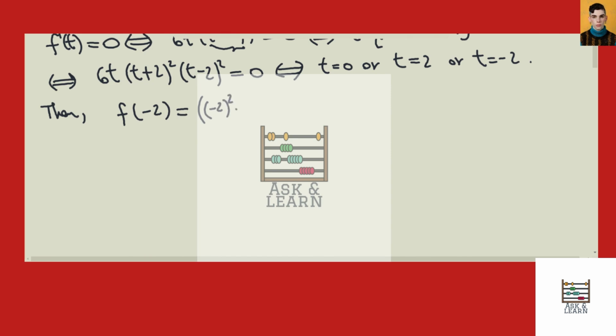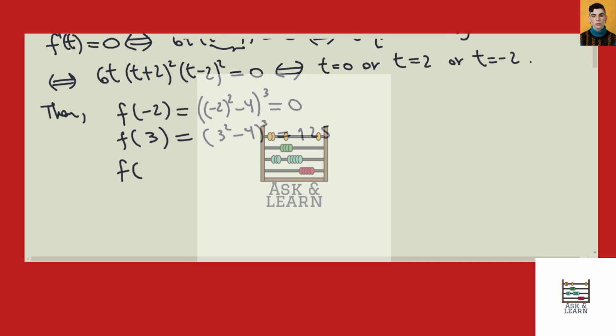So it's ((-2) squared minus 4) cubed, and that is equal to 0. We also have f at 3, which is the right endpoint, is (3 squared minus 4) cubed, and that gives us 125.